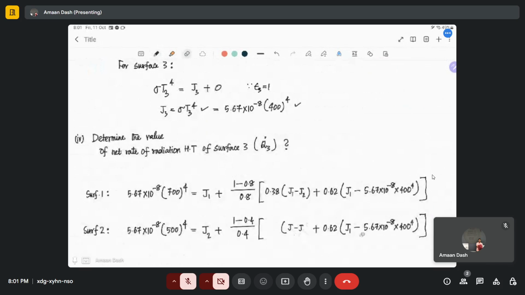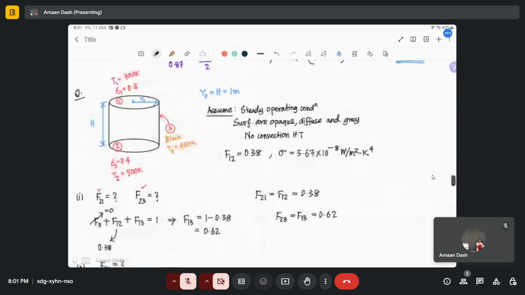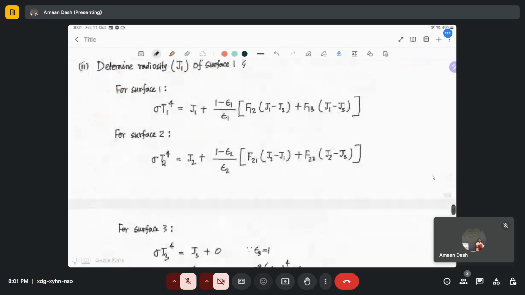This is equal to J1 plus (1 minus epsilon 1), which is 0.8, divided by 0.8, and we have F12.